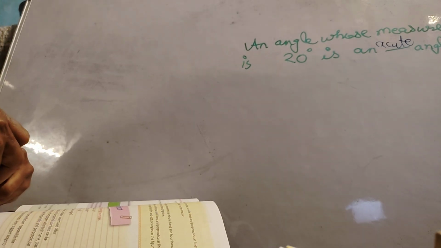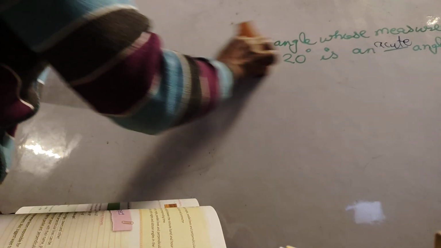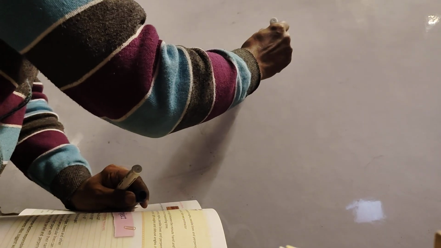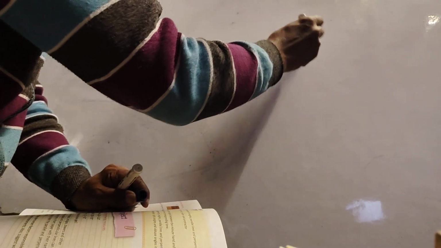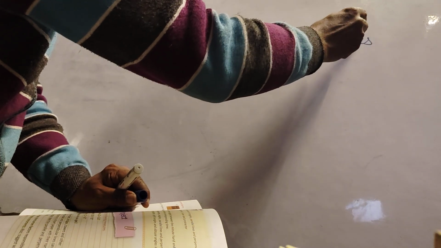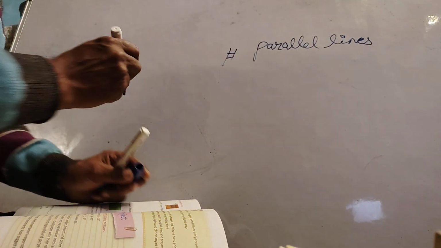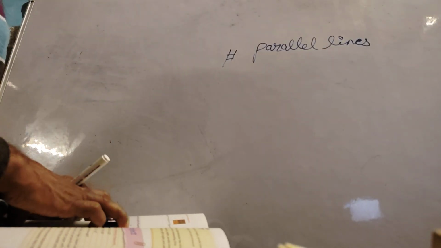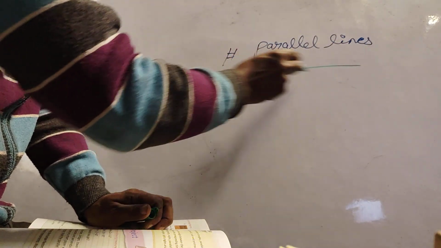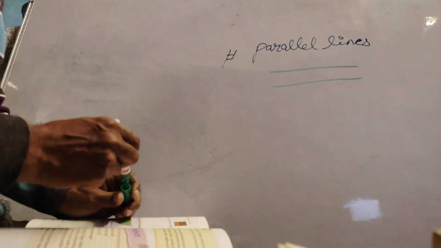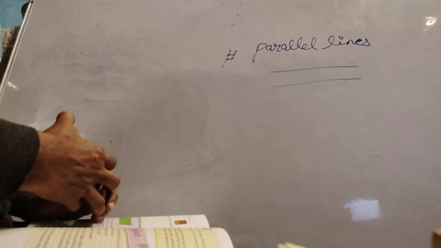So, do you know parallel lines? They are opposite each other and they never meet. They never meet in either direction when we extend both lines.